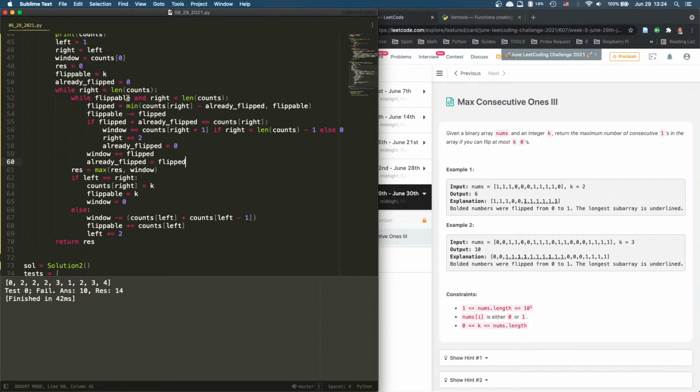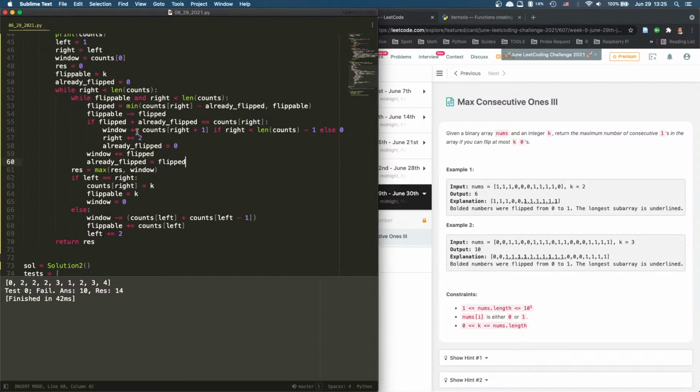And then when we go back up, I've already flipped, right? So we go flipped. So flippable is this, and we say this is the amount flipped. Flipped plus already flipped equals this.